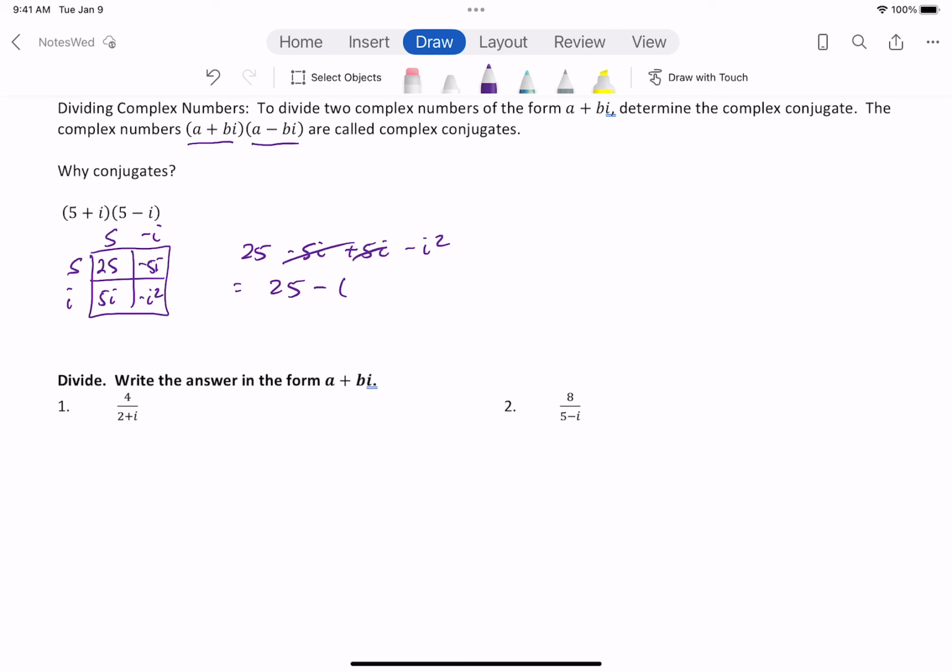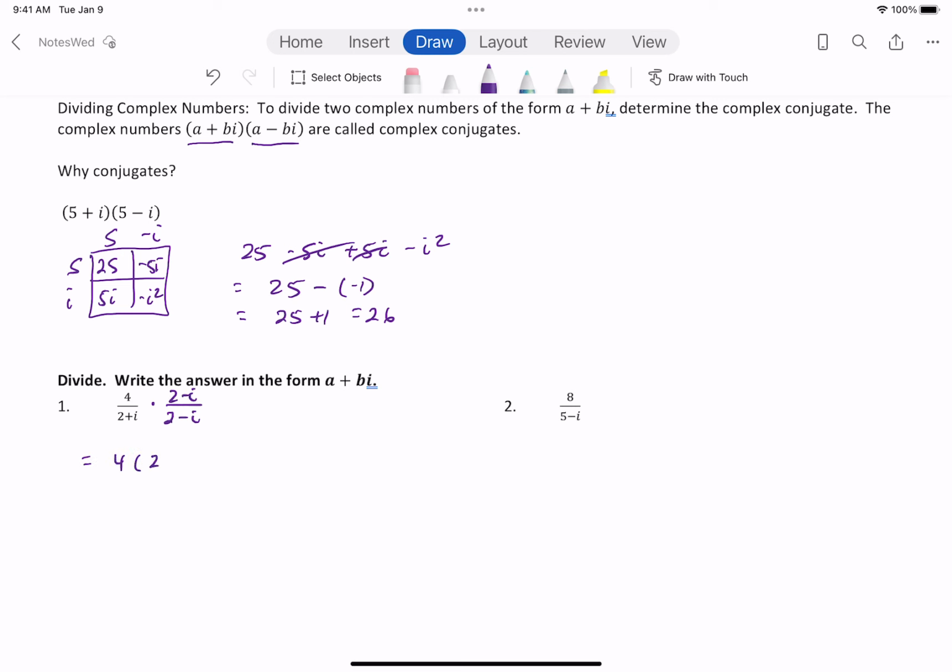And then because we replaced i squared with a negative 1, using the conjugate eliminates all of the i's, okay? So our last two problems, we're just going to multiply by the conjugate, and same with the radicals. The only thing I'm going to change is the sign between the two terms, okay?